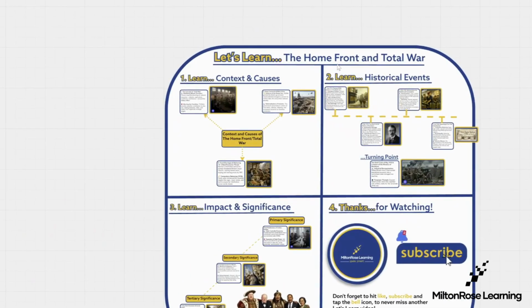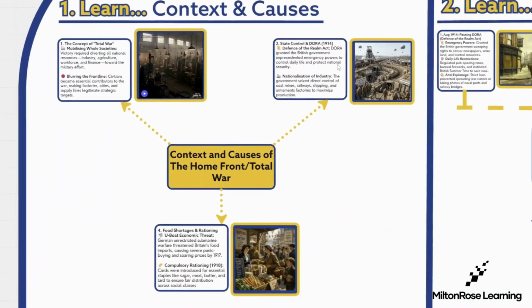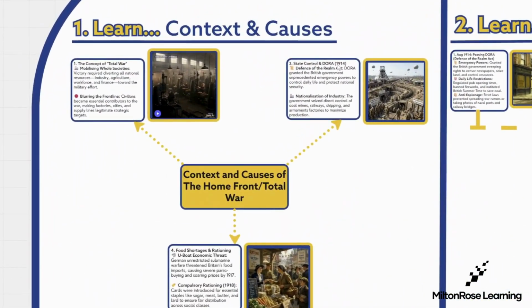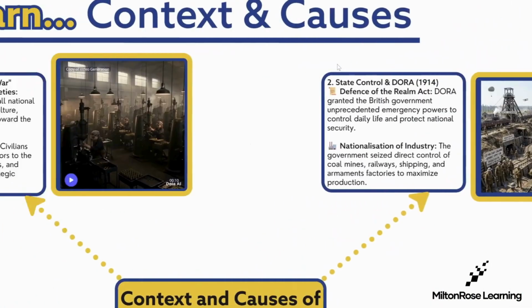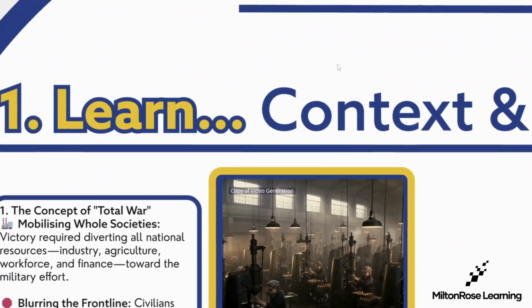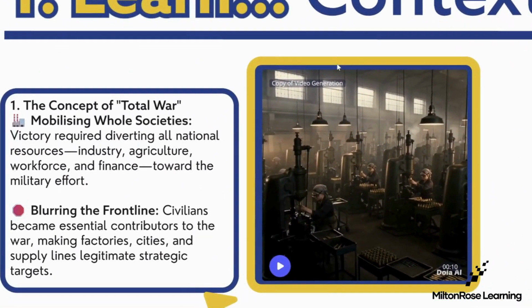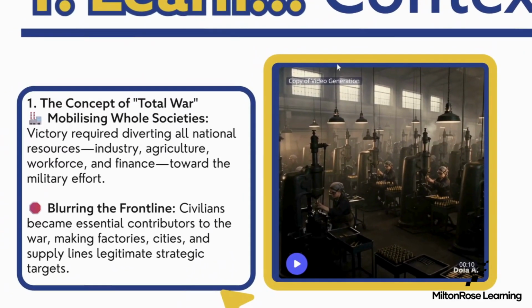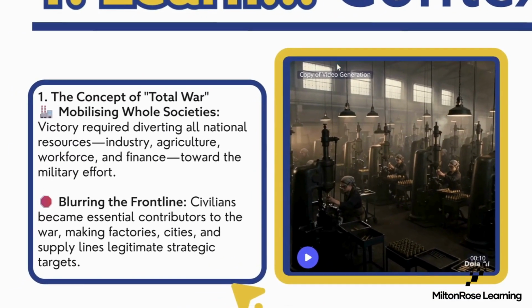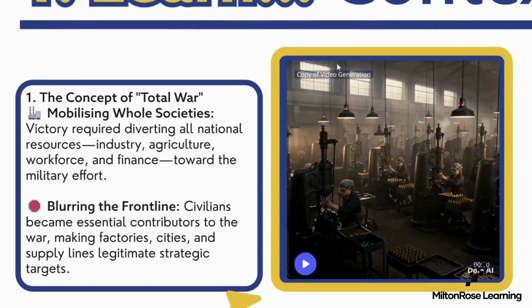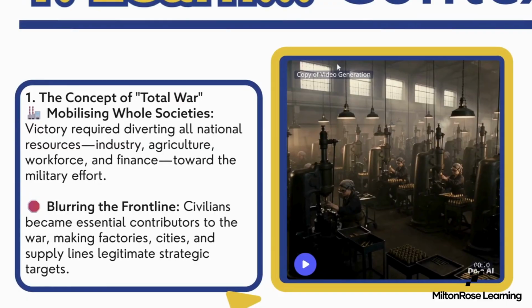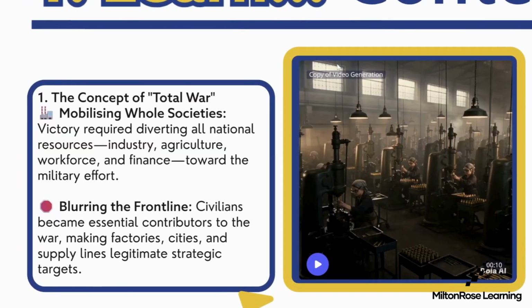So first off then, let's have a nice look at the context and causes. What was driving the home front changes in this period? Well, first off, there was an overarching concept that started to be developed, almost implicitly, at the start, called total war. So basically this was full-on industrialized war.